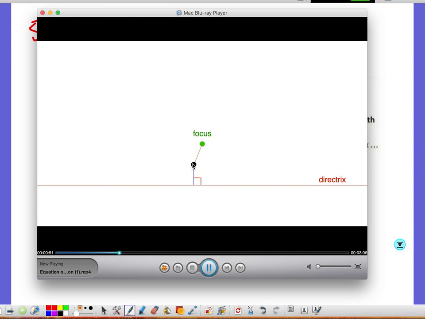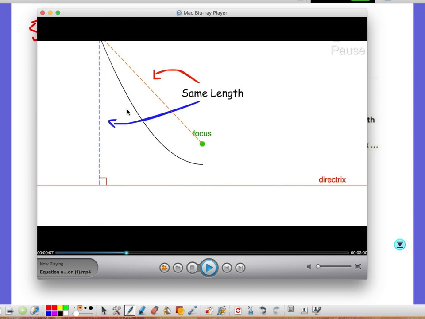Now, in order to create the parabola, I'm going to move this point such that both of these lines are always the same length. And so, as you can see, both of these lines are the same length no matter where I move that point.